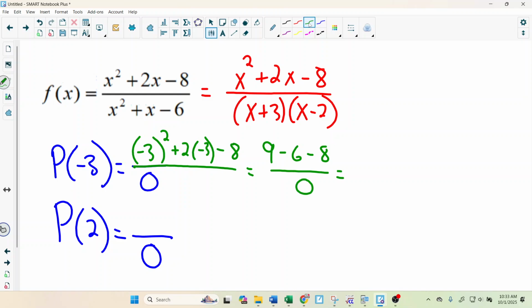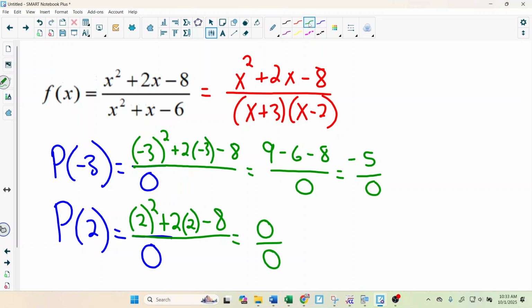I get negative 5 over 0. And then here, if we plug 2 in, we get 2 squared plus 2 times 2 minus 8, which gives us 0 over 0.